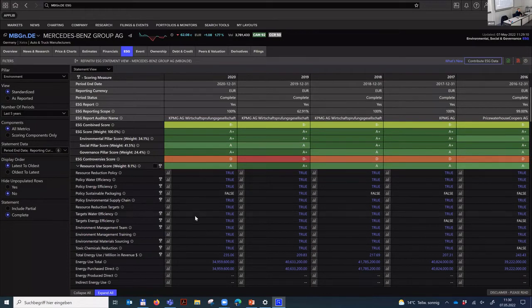You can look then downwards at which policies are in place for this specific corporation. For instance, they have a resource reduction policy in place. You could even go to the far right-hand side for older years and look at how they changed it.